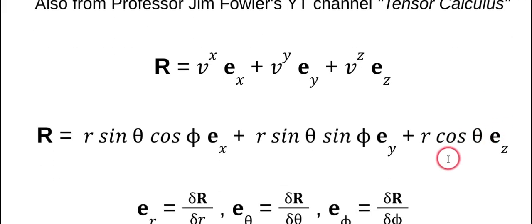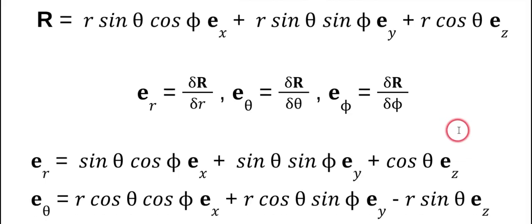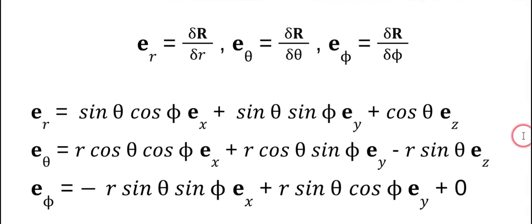We've done this many times. So we take the partial derivative of this equation with respect to r, we get e_r. With respect to theta, we get e_theta. With respect to phi, we get e_phi. So we have three basis vectors now as a function of r, theta, and phi. All right. Now let's go look at this.